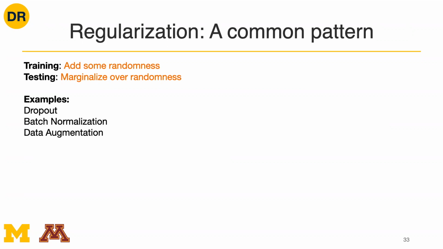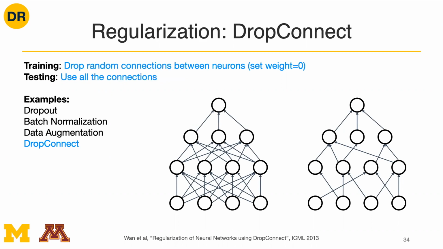So we saw dropout, batch normalization, data augmentation. There is also something called DropConnect, which is different from dropout. In dropout, you're dropping the neurons, whereas in DropConnect, you're dropping the weights. So that's the difference here.